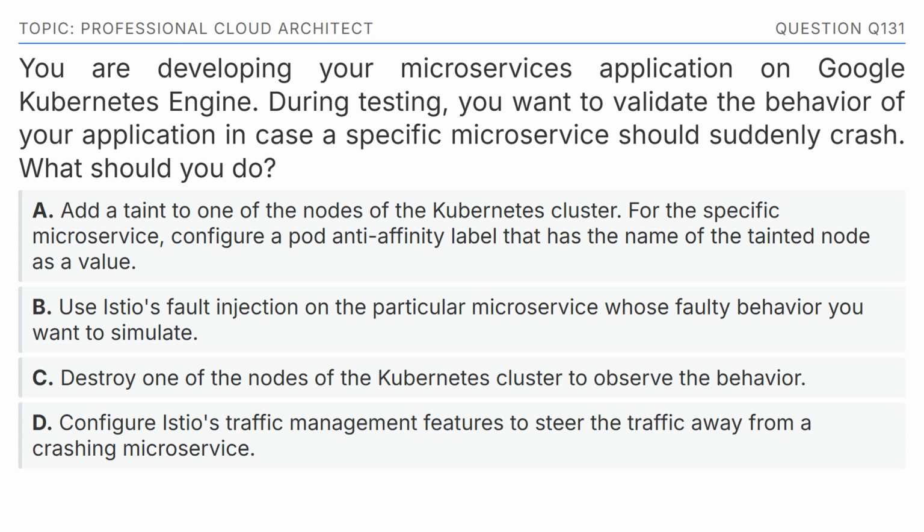For the specific microservice, configure a pod anti-affinity label that has the name of the tainted node as a value. Option B, use Istio's fault injection on the particular microservice whose faulty behavior you want to simulate. Option C, destroy one of the nodes of the Kubernetes cluster to observe the behavior. Option D, configure Istio's traffic management features to steer the traffic away from a crashing microservice.